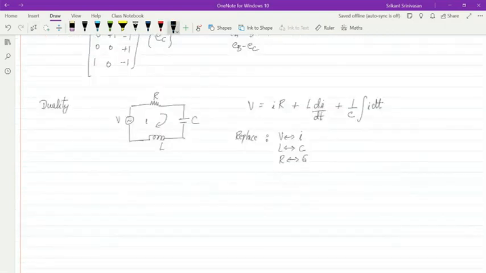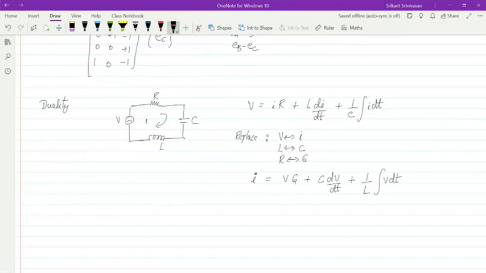That means now I will write I, V has been replaced with I, is equal to V by R or V into G, conductance, plus L is replaced by C, I is replaced by V, plus again C is replaced by L, and integral I is replaced with V. So this is also a very cool feature of network graphs. From the graphical perspective, these two equations are duals of each other.